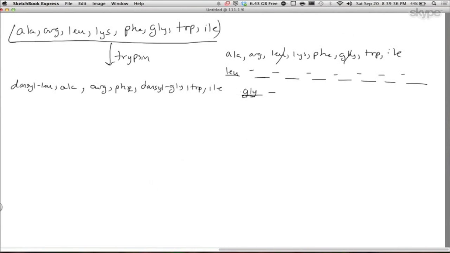Okay, let's go through this step by step a little bit more. What's the first clue in this problem? The first clue is that trypsin.